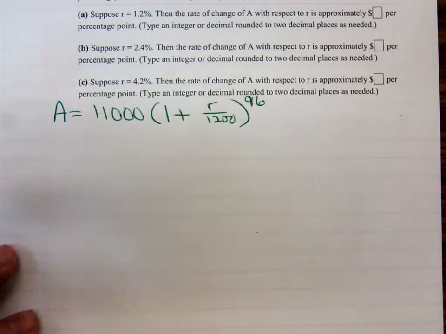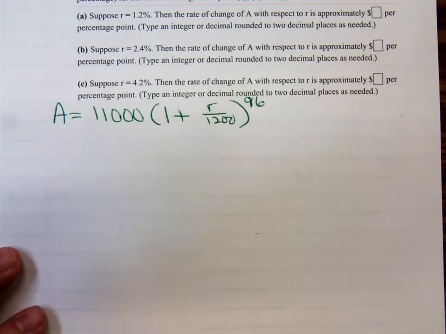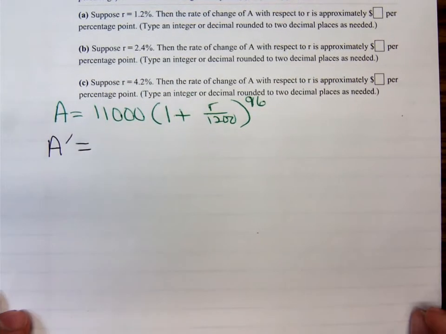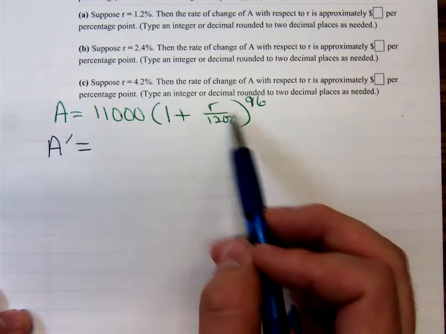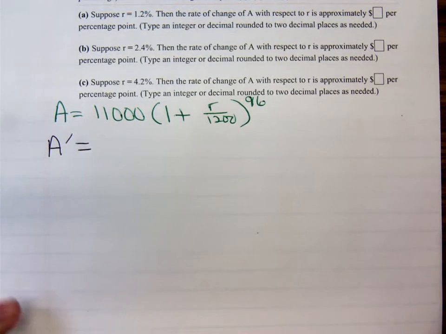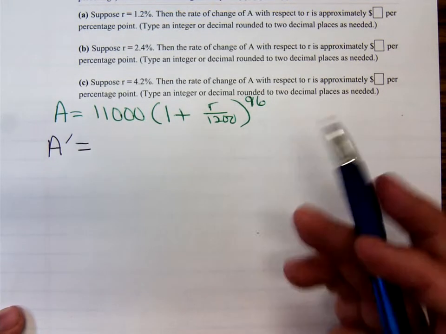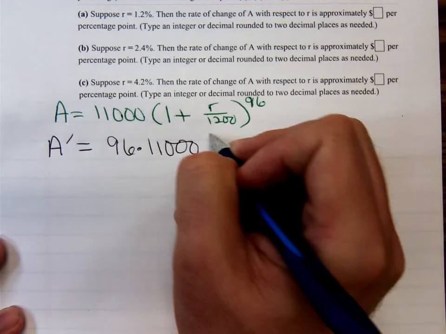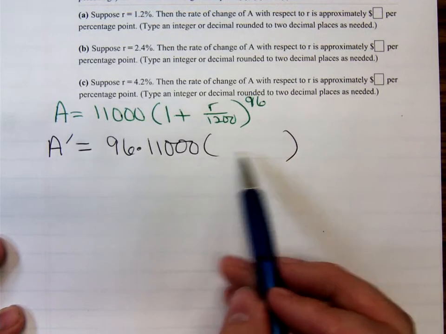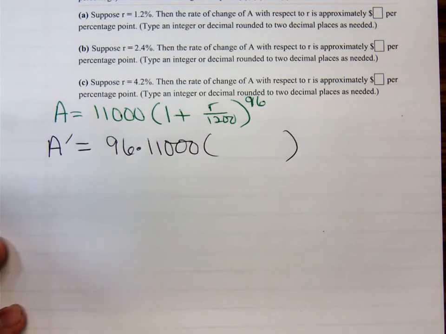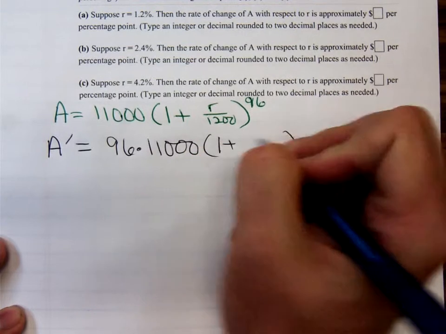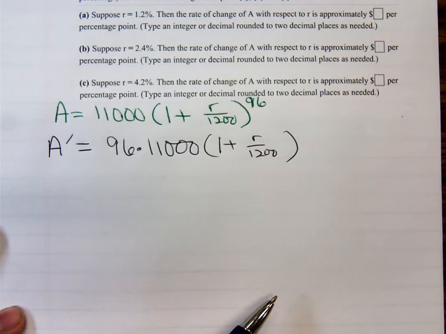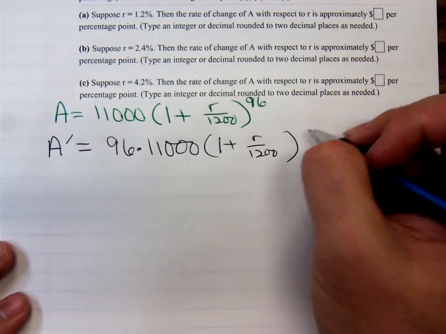So here we go. A prime equals. Notice we have a quantity raised to a power. That's what says use the generalized power rule. So you take that quantity, 96, times 11,000. The inside stays as it is, 1 plus R over 1200. What's the new exponent? 95. 96 minus 1 is 95.